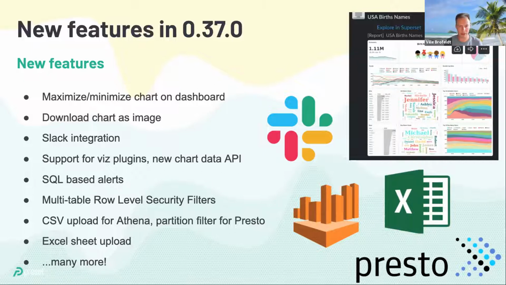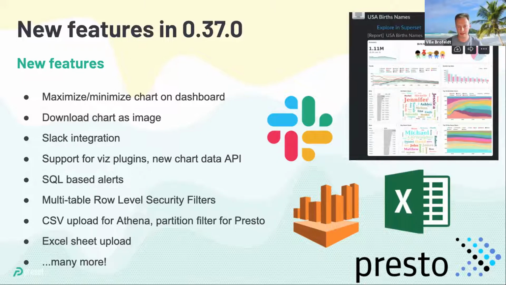And then on the database layer, there was a bunch of small stuff. So for instance, partition filtering support for Presto, CSV upload support for Athena, and then Excel sheet uploads.